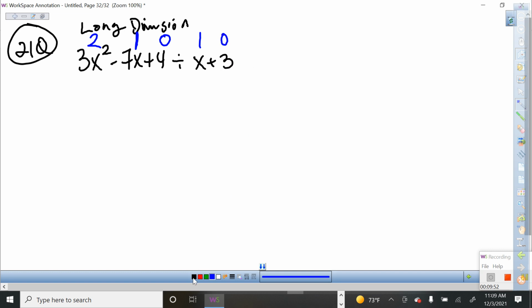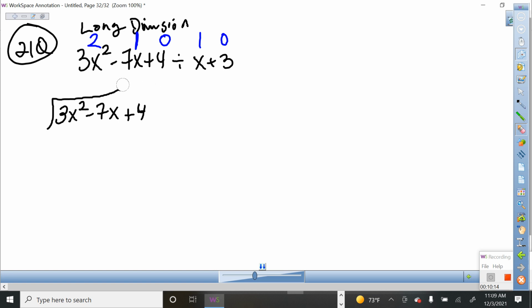Once we see that it's in standard form, we write our dividend. What's our dividend? 3x squared minus 7x plus 4. And for this one we're doing long division. What's our divisor?